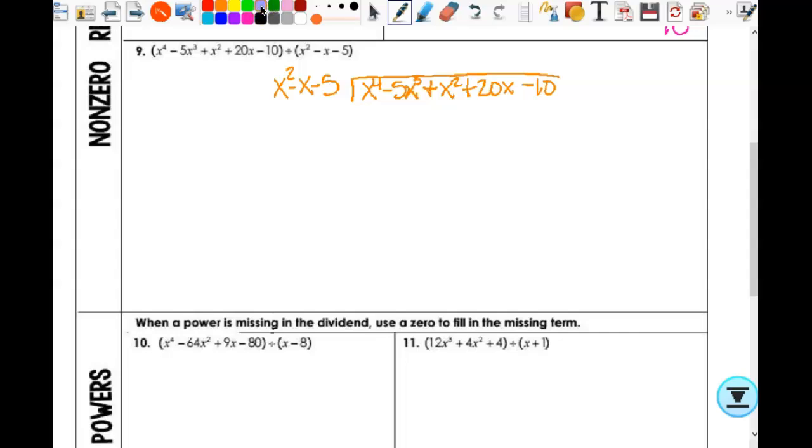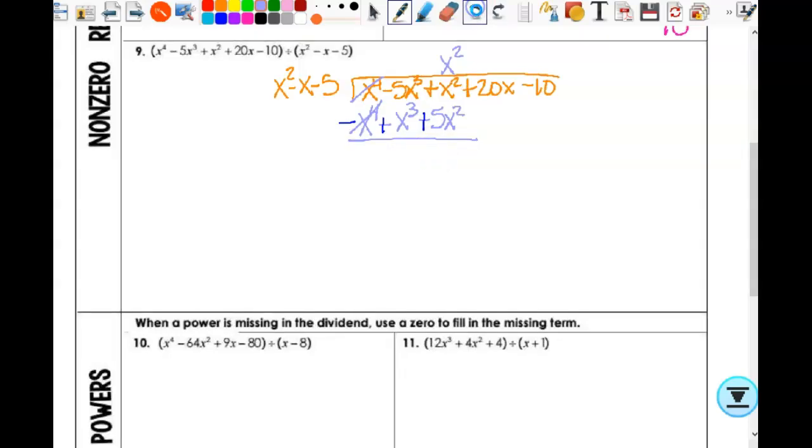So I have x to the 4th divided by x squared is x squared. X squared times x squared is x to the 4th minus x cubed minus 5x squared. Go through and change my signs. And I get negative 2x cubed plus, no I don't. I was doing the 5 minus the 3. That's not how that works.